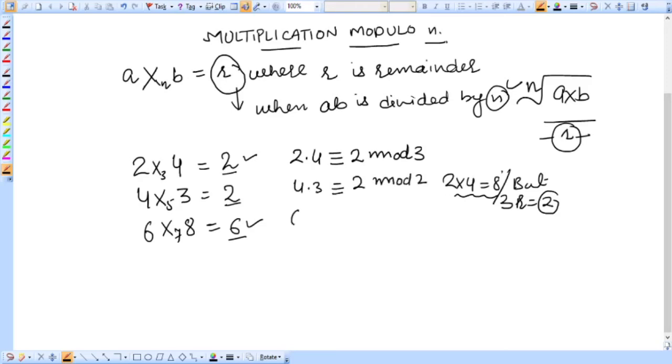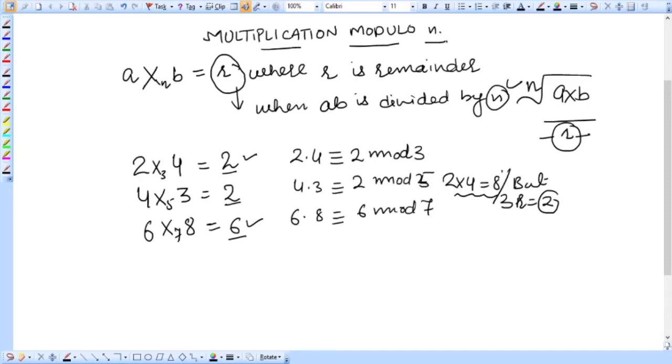And thirdly, 6 times 8 is congruent to 6 modulo 7. Although it is not very important, because we are not going to deal with it in detail, I have told you what this congruence relation is.